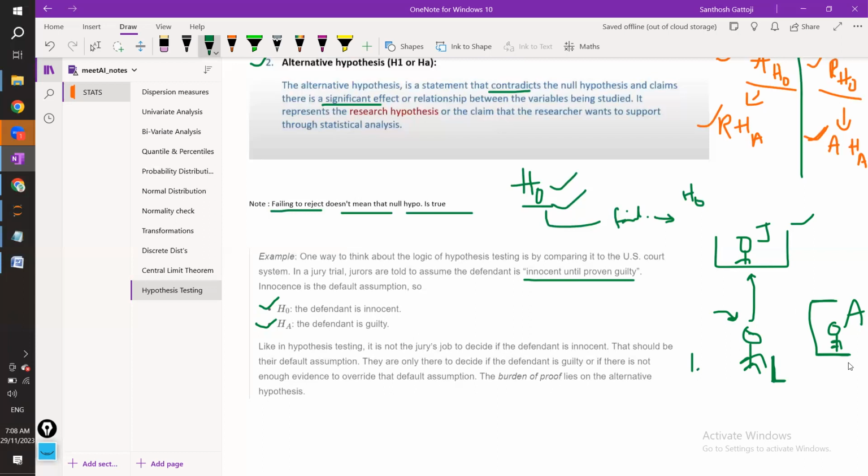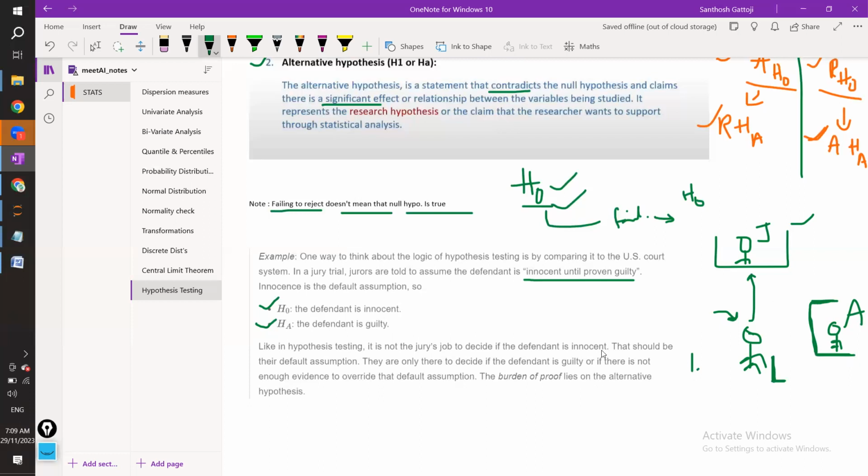But the judge felt that the evidence is not enough. The evidence is not perfect, or there are some mistakes in it. So the judge understood that he cannot accept this evidence. It is not sufficient to say that this guy has committed the crime.